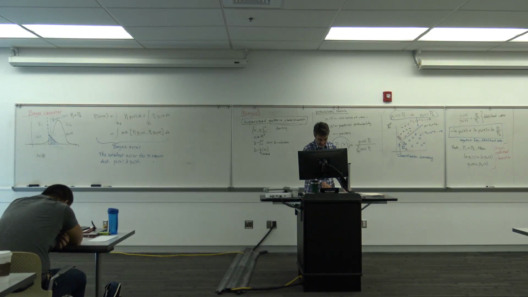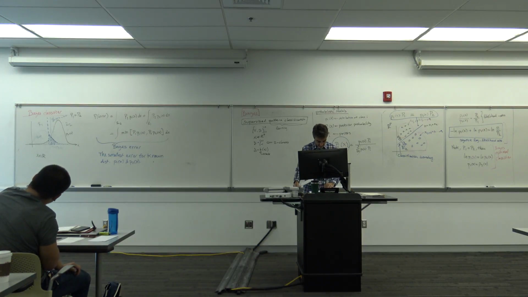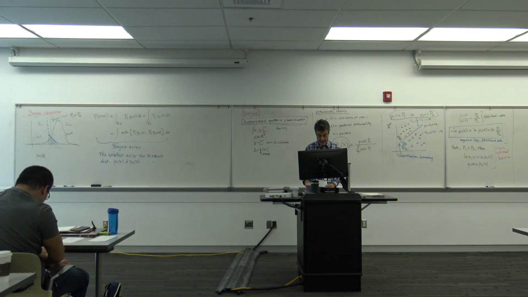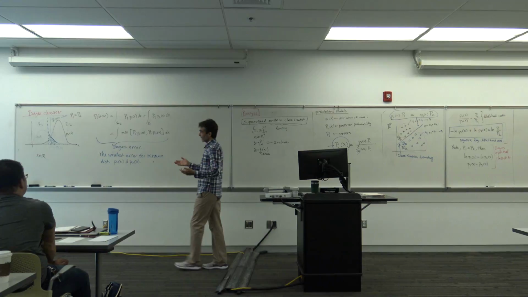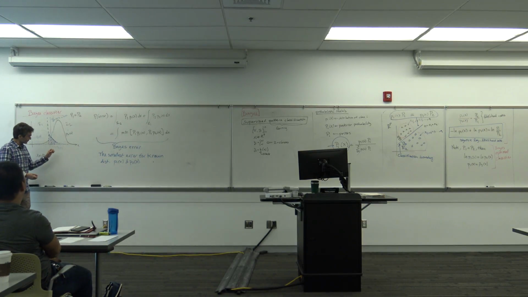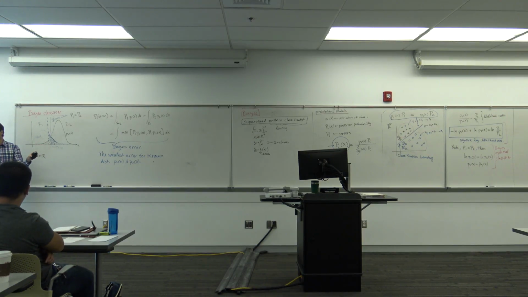Now, one thing I can do is compute the error and try to approximate my algorithm as close as I can to the Bayes error, which is given by the Bayes classifier. But there is another problem with this picture.